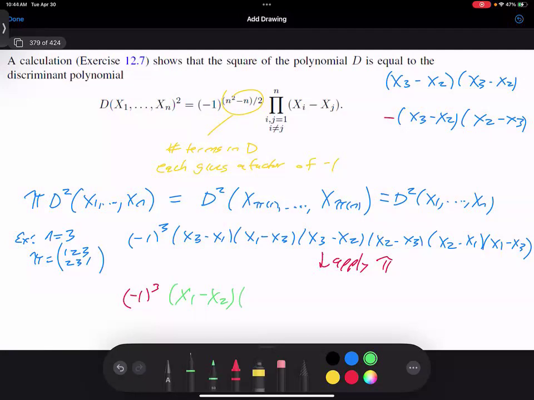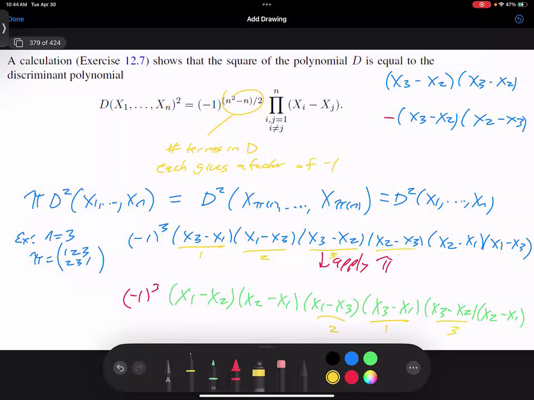The next factor, x1 becomes x2, x3 becomes x1. The next factor, x3 becomes x1, x2 becomes x3. The next factor, x2 becomes x3, x3 becomes x1. The next factor, x2 becomes x3, x1 becomes x2. And the last factor, x1 becomes x2, x3 becomes x1. And now we just match things. x3 minus x1, x3 minus x1. And then I have x1 minus x3, x1 minus x3. x3 minus x2, x3 minus x2. x2 minus x3.